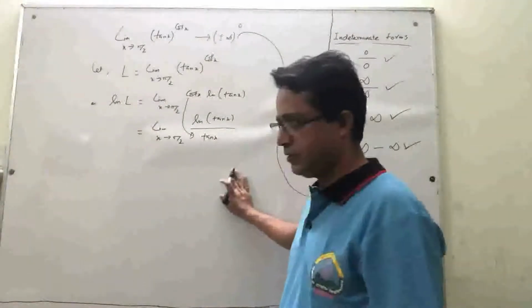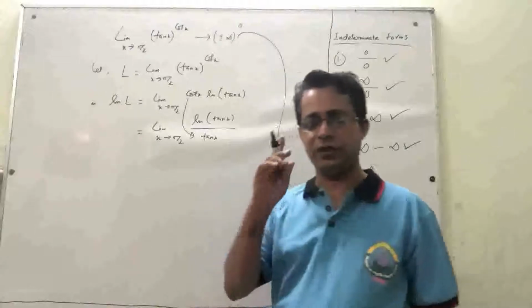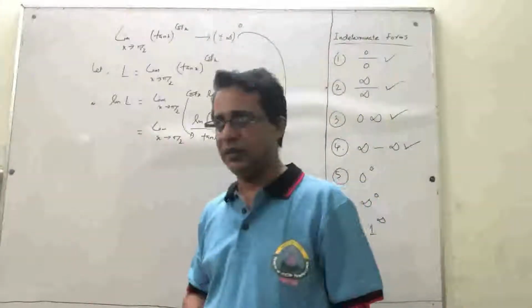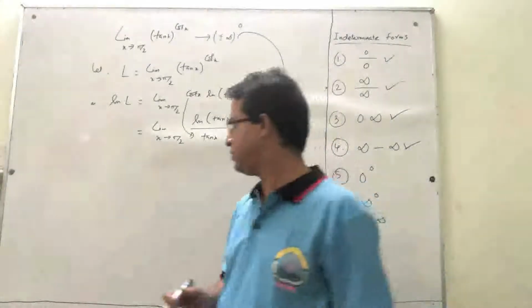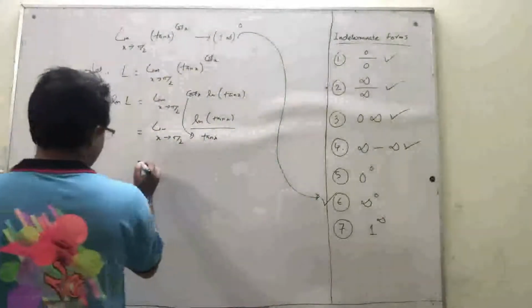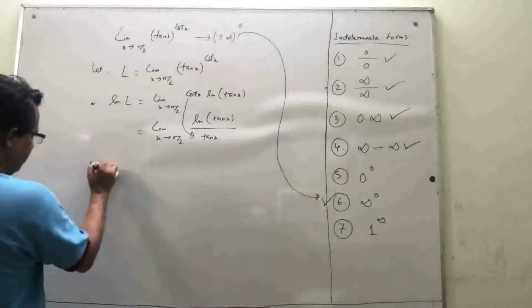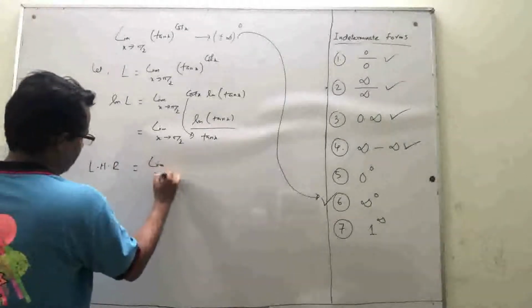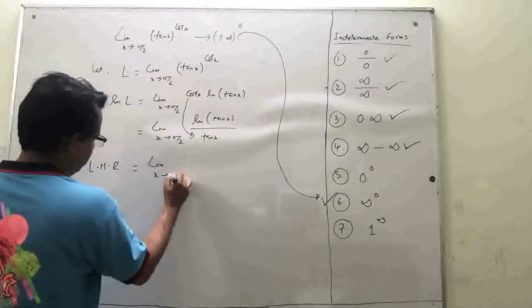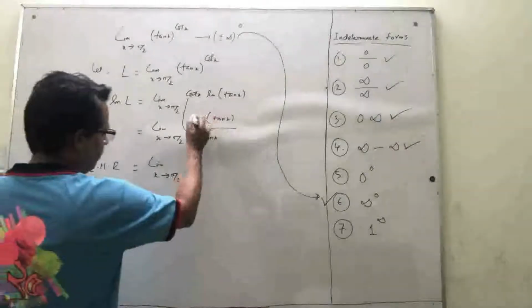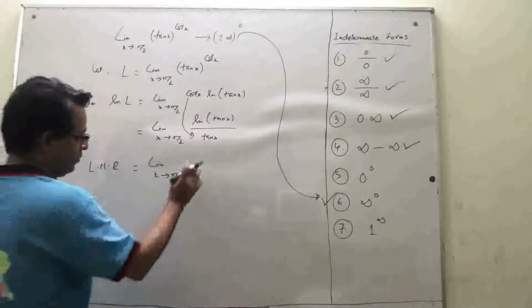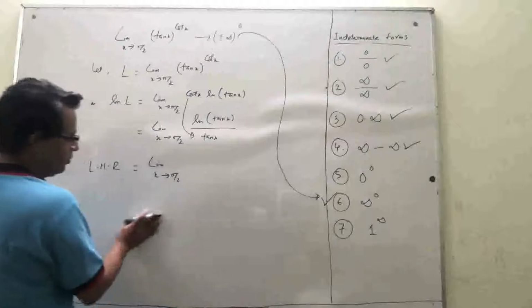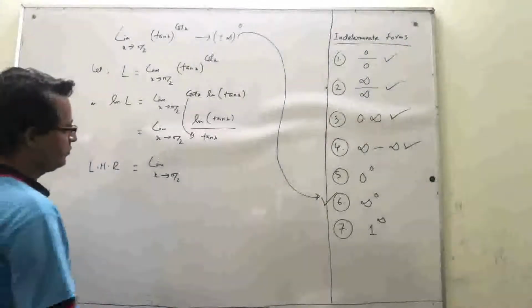So in that case, if we follow L'Hospital's rule, then we see what happens in this limit. By L'Hospital's rule, limit x tends to pi by 2, the differentiation of ln tan x. We know the differentiation of a composite function.